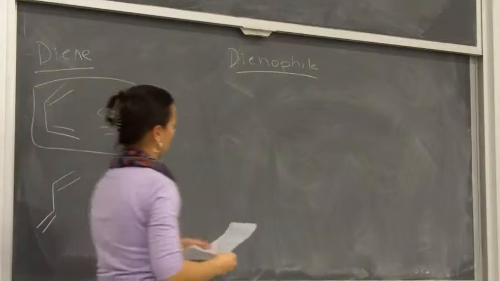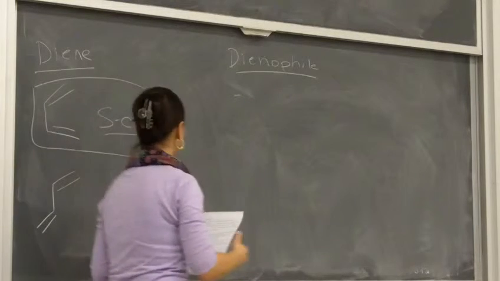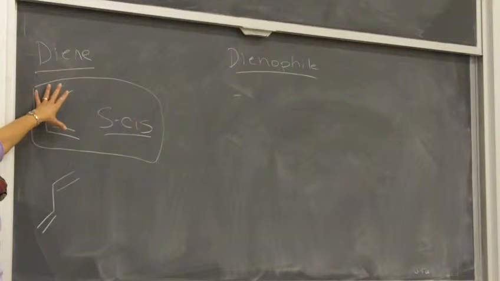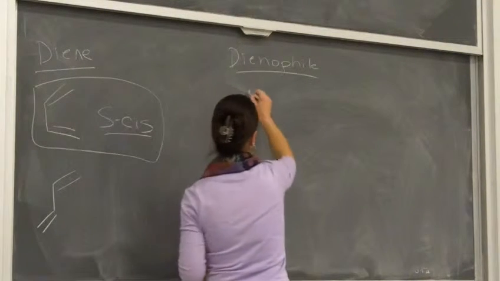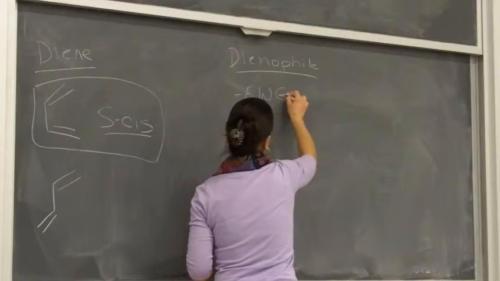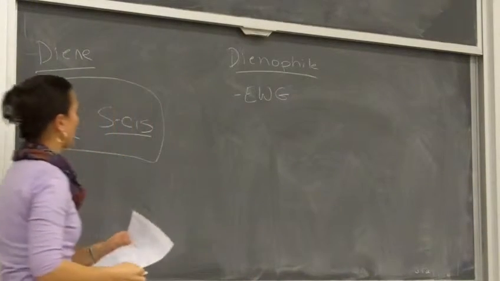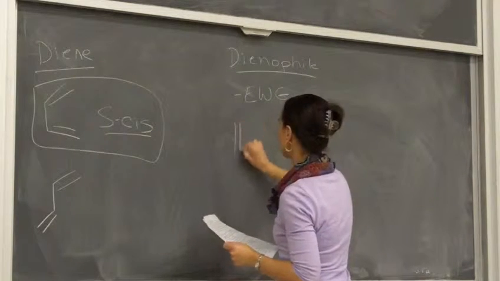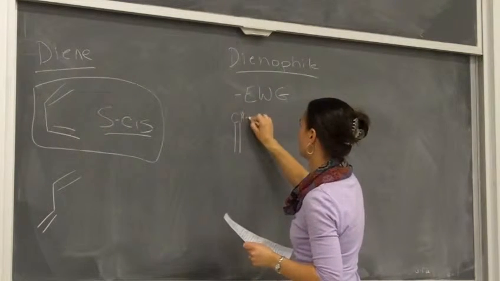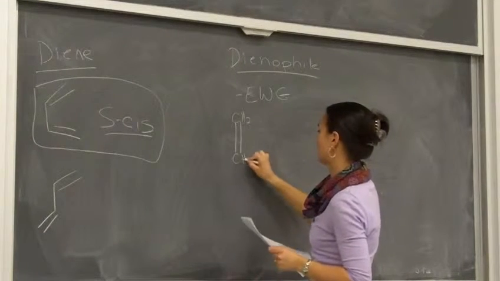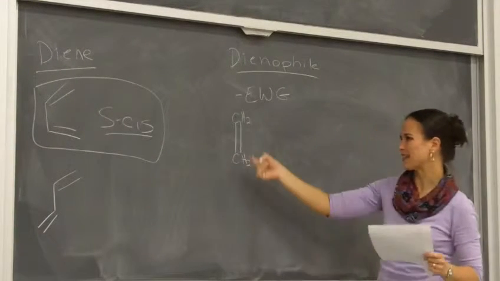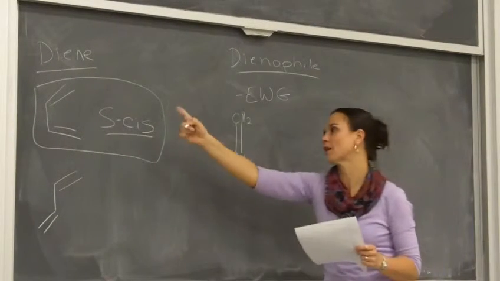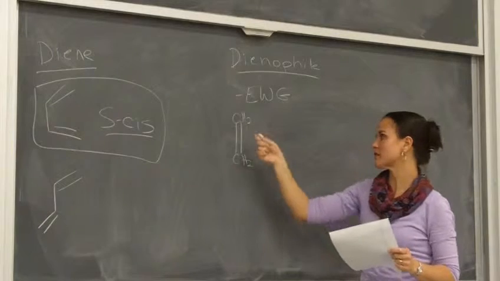With the dienophile, it wants to be able to react with this electron-rich diene. And so what would make it really happy is having some electron withdrawing groups on it to make it more reactive. We could just use ethylene, okay, as our dienophile, but it's not super reactive, even with 1,3-butadiene.